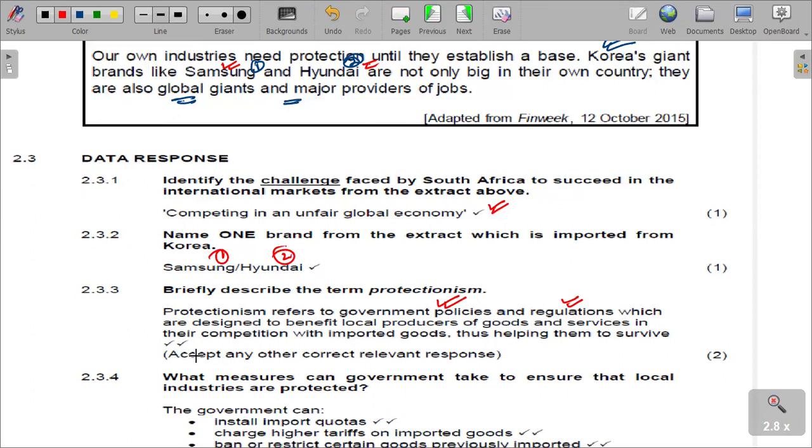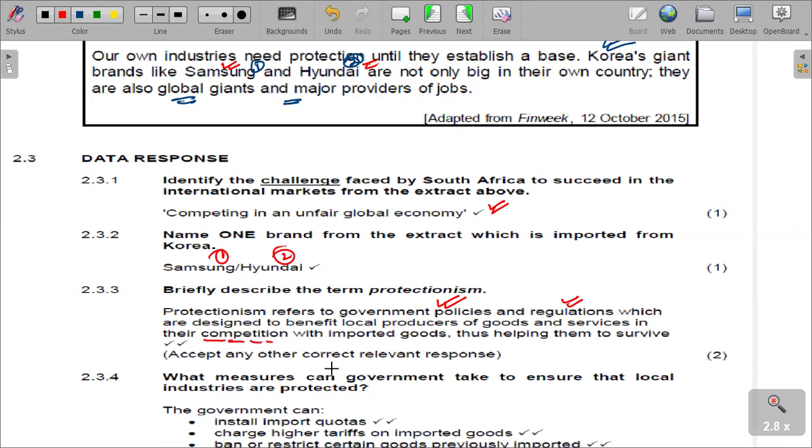In other words, the government comes up with strategies and policies that try to protect and shield local producers and local businesses from the intense competition of well-established international businesses. They safeguard local businesses and make the competition less by avoiding international competition.